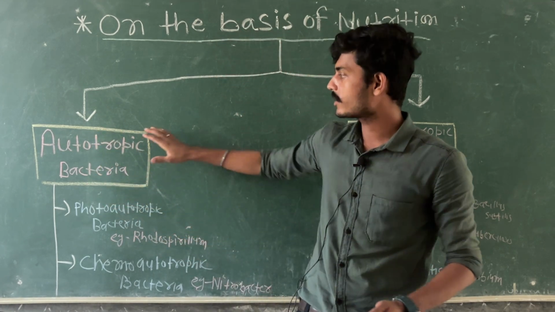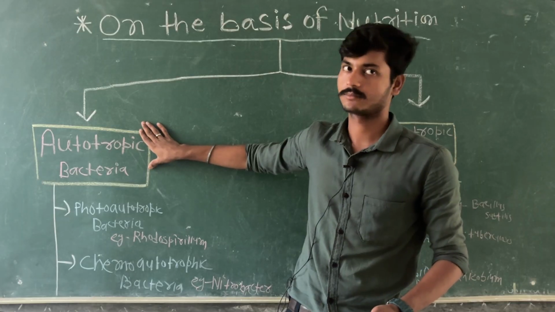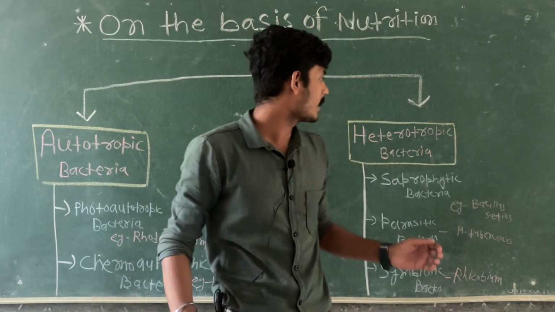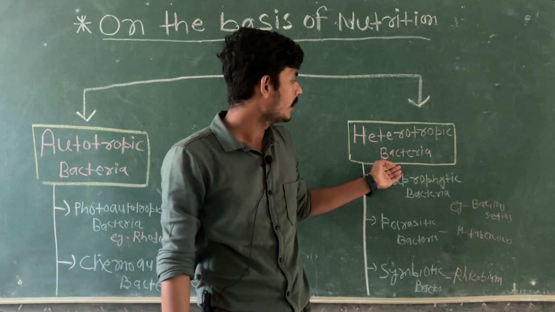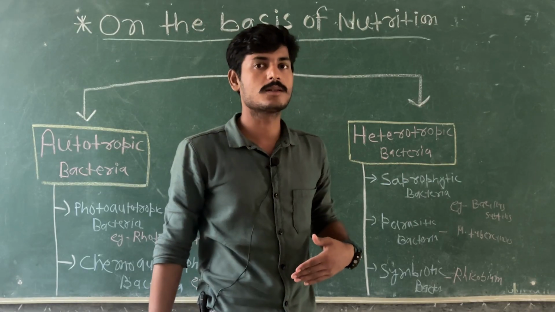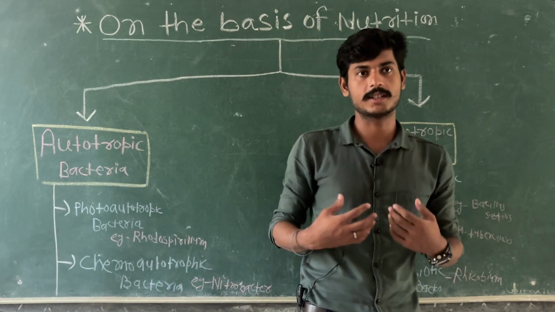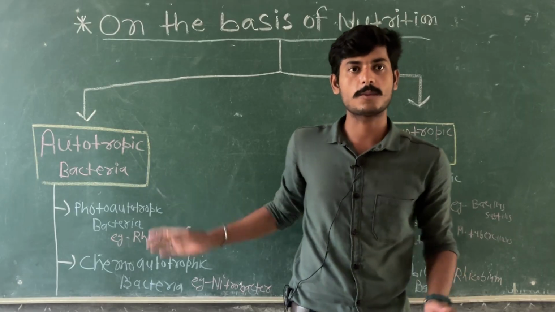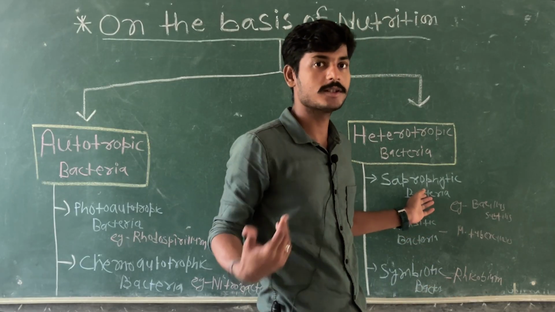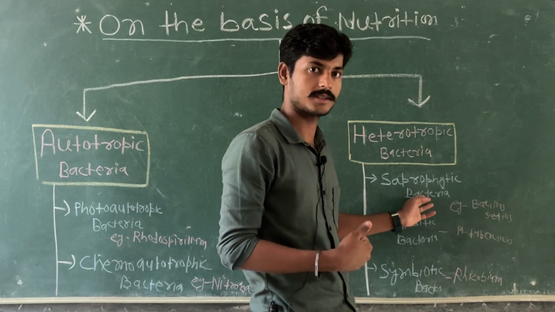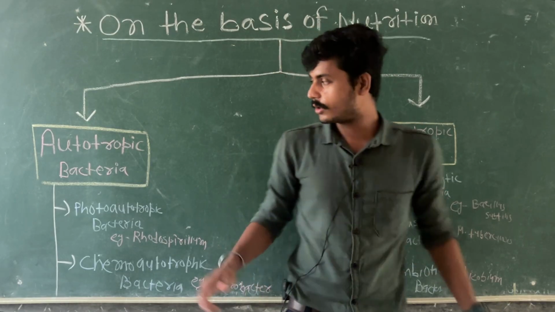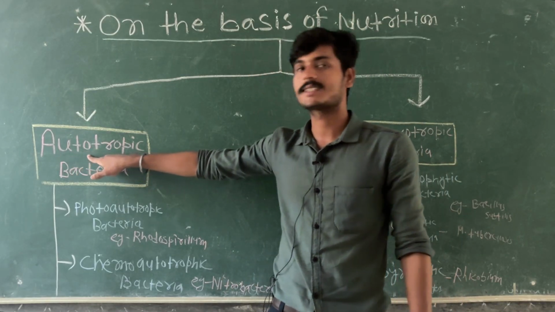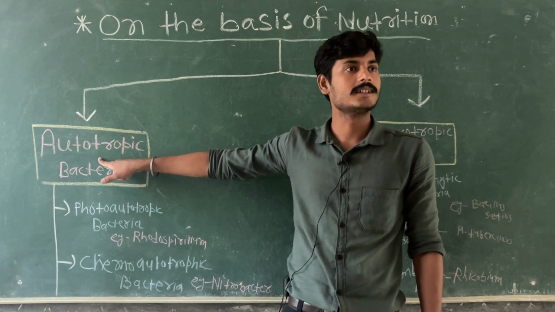The first one is called the autotrophic bacteria. Another one is called the heterotrophic bacteria. As humans, what is our mode of taking food? Autotroph or heterotroph? It's a heterotroph. The word auto denotes self.